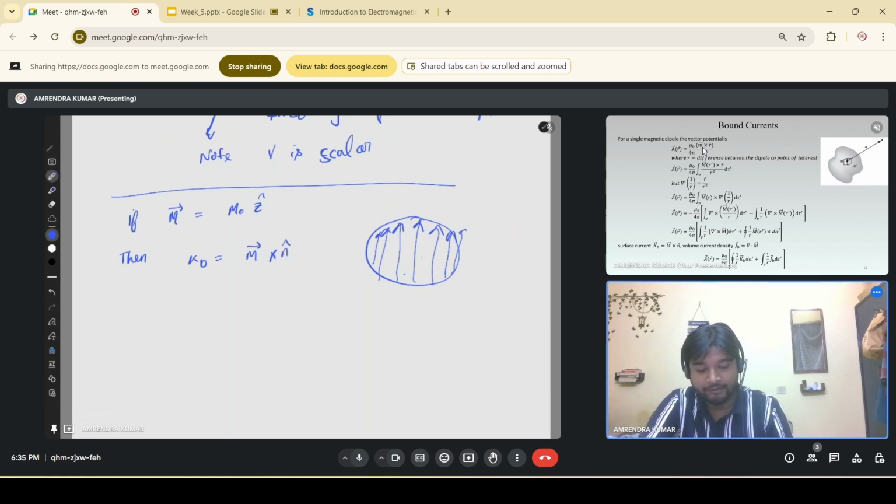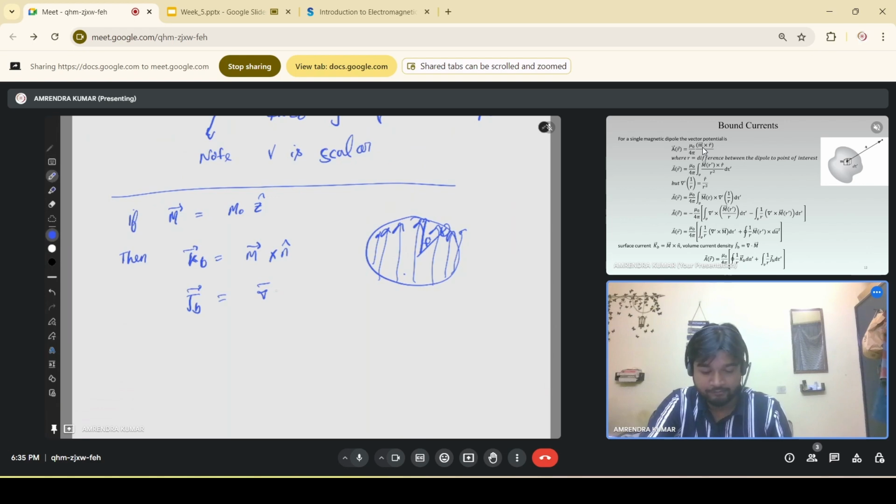So if you want to calculate the current density here, let's say at the surface here, making an angle theta, you can easily calculate that. Okay, then this is the bound current density. Then again, Jb is del cross M, I think.